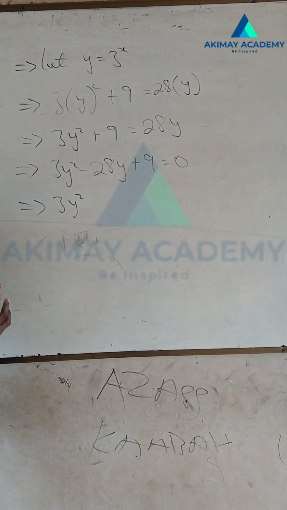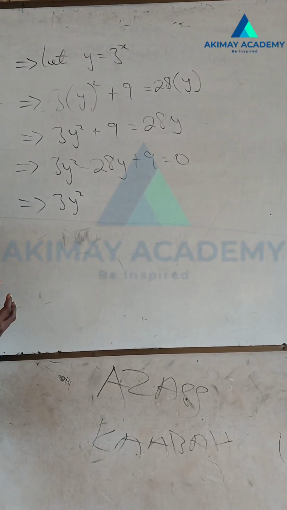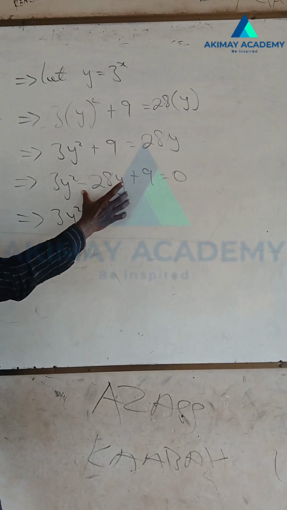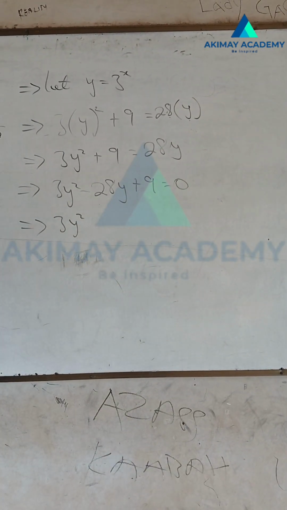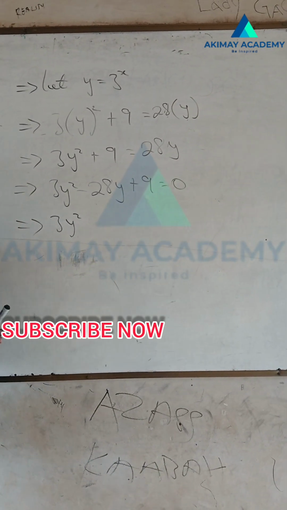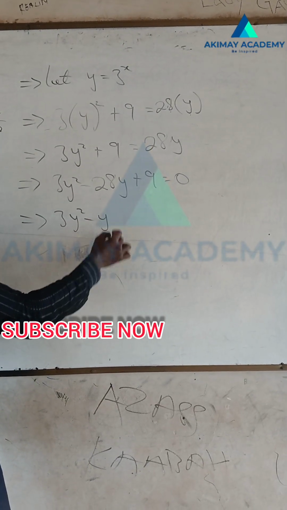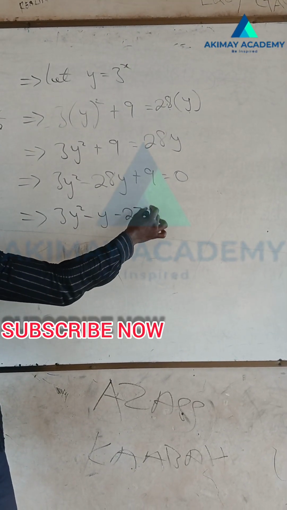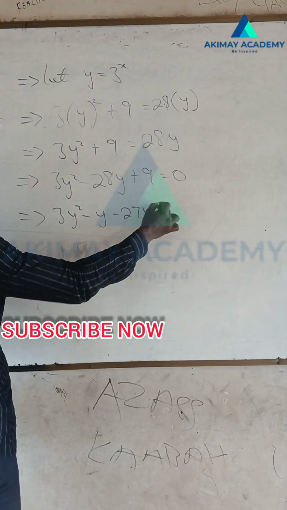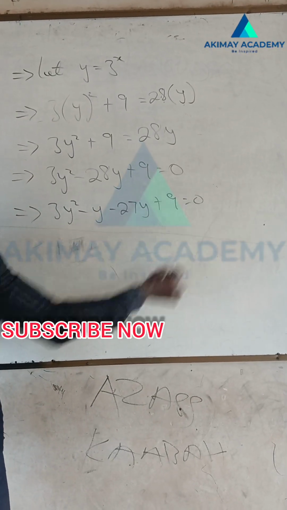Our two factors are minus 1 and minus 27. So in place of this minus 28y, we put minus y minus 27y, and we have plus 9 equals 0.